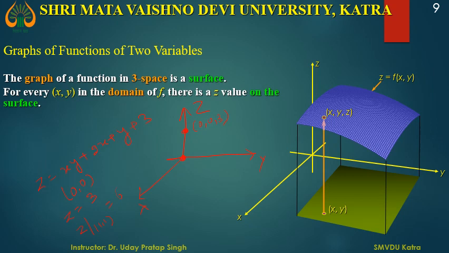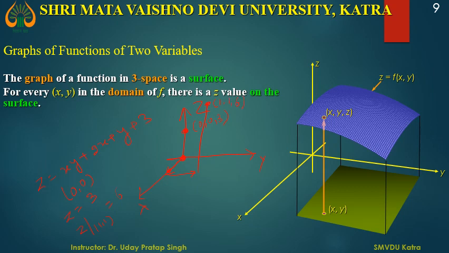Where is 1? In x direction 1, in y direction 1, this is z equal to 6, right? This point, somewhere here, represents 1, 1 and 6, right?